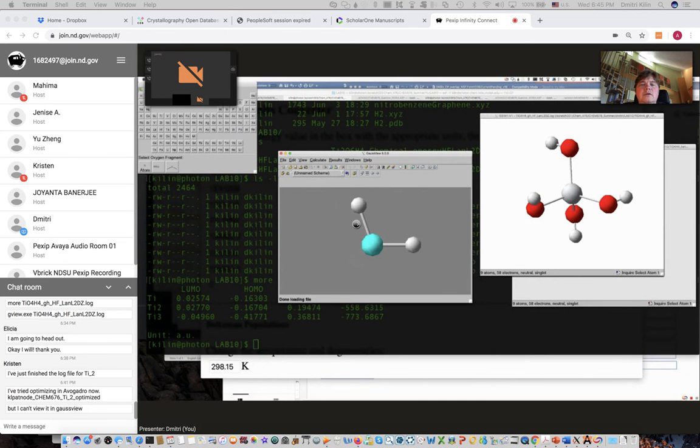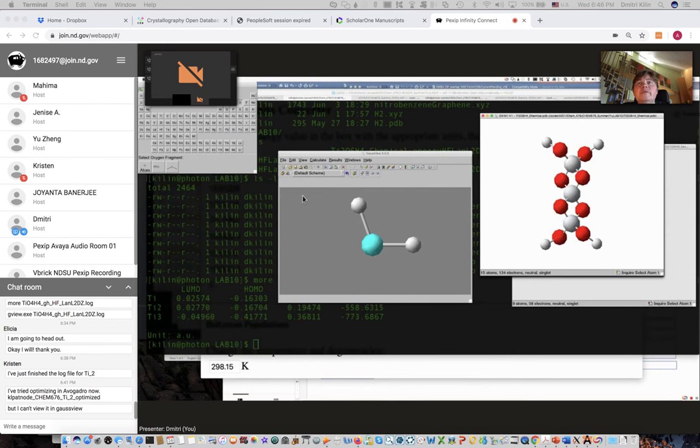So the geometry for 3 titanium looks correct. It's qualitatively correct, and it's a good starting point. So the results for 3 titanium are expected to be qualitatively reliable.